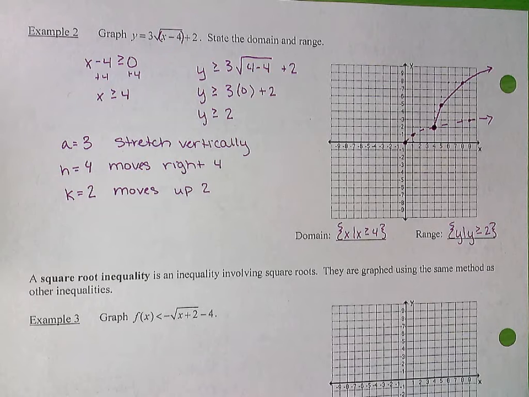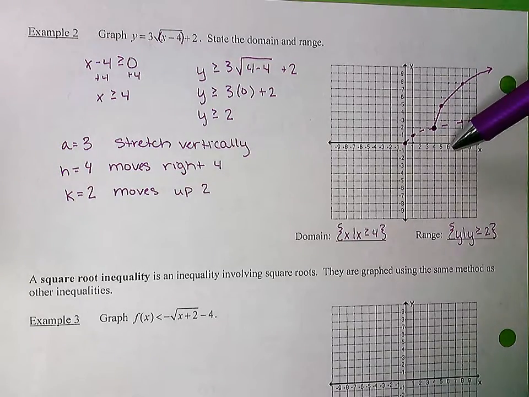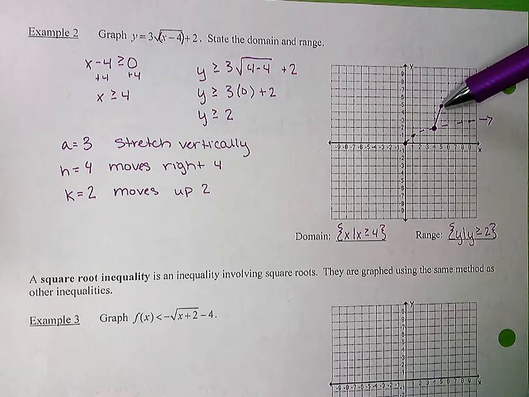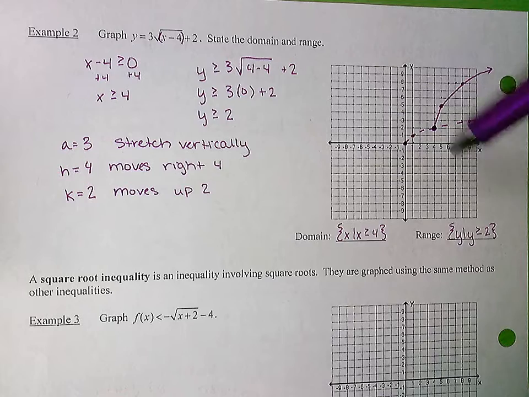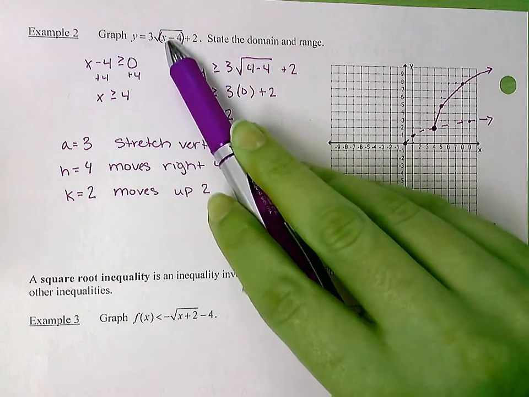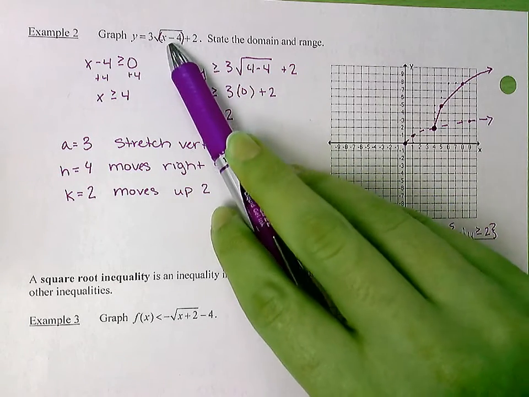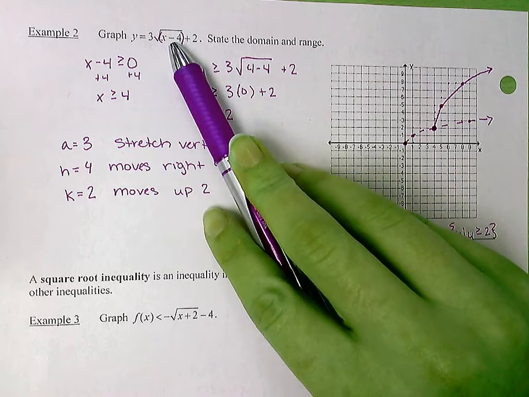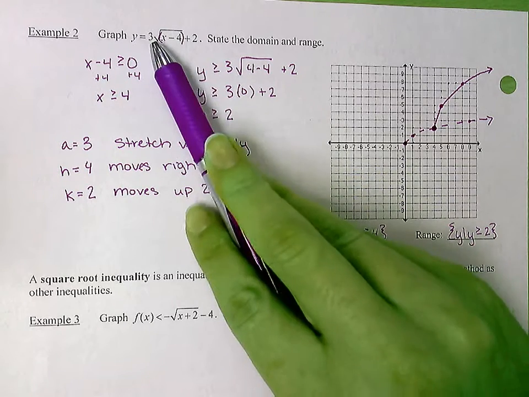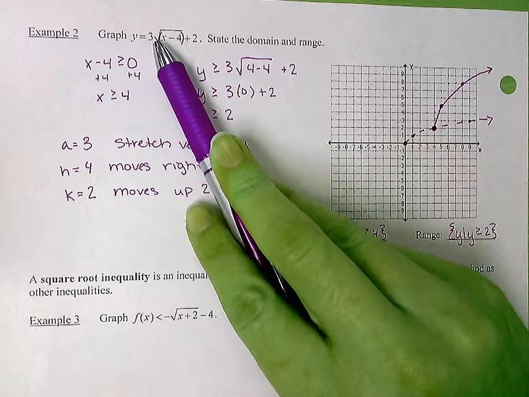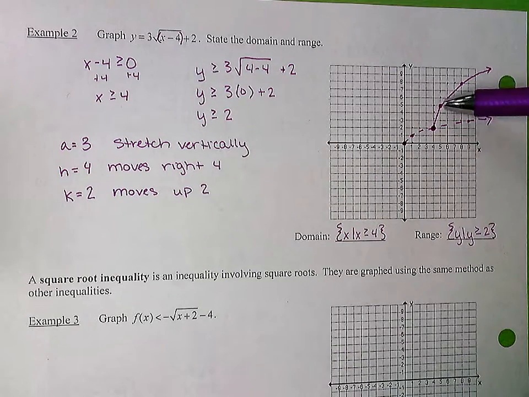Now to check to make sure you did it correctly, you can plug in 5 for x and see if you get 5 in your original function. If I plug in 5 here, I would get 1. What's the square root of 1? 1 times 3 is 3, plus 2 is 5. So I got 5, 5. That's the right point.